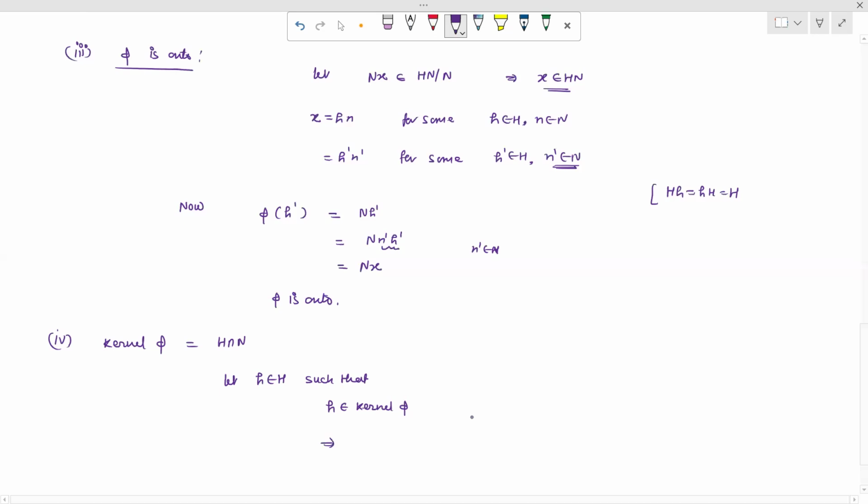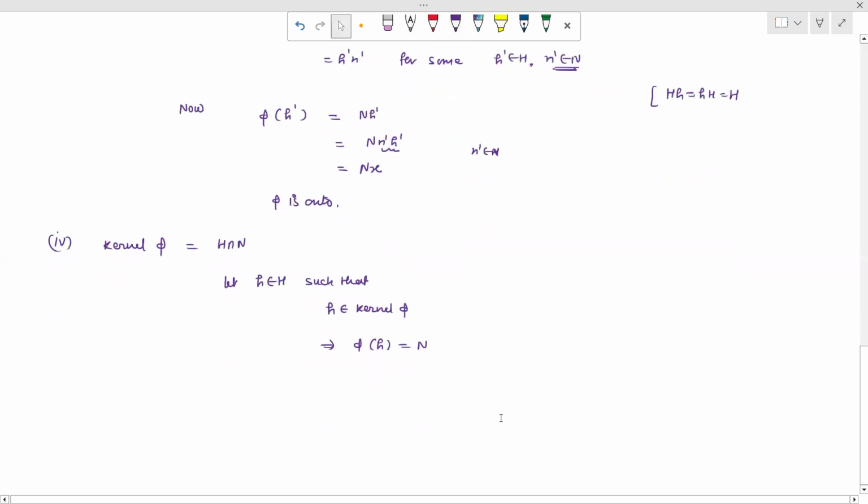So we can write phi of h is equal to identity, by the definition of kernel. This we have written from the definition of kernel. Now what can we write for phi of h? Phi of h we can write as N h. So N h is equal to N, which we got from the definition of the function, so by definition of phi.